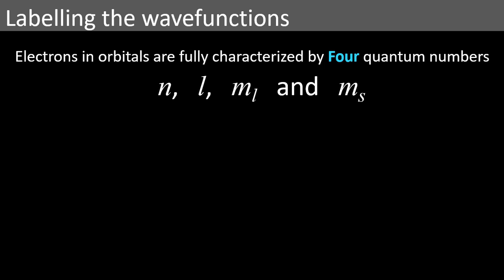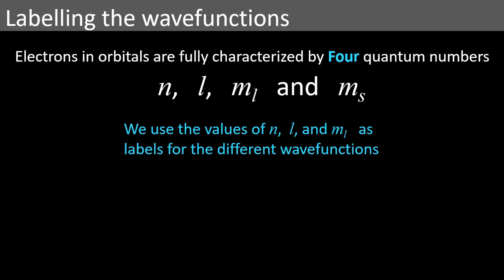These quantum numbers, or labels, are n, l, m subscript l, and m subscript s. For each electron in an atom, there is a unique set of values for these 4 quantum numbers. We use 3 of these values, n, l, and m subscript l, to identify each orbital.